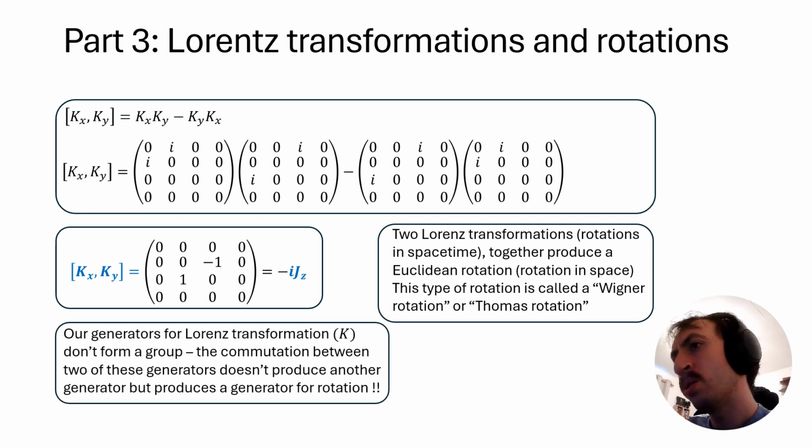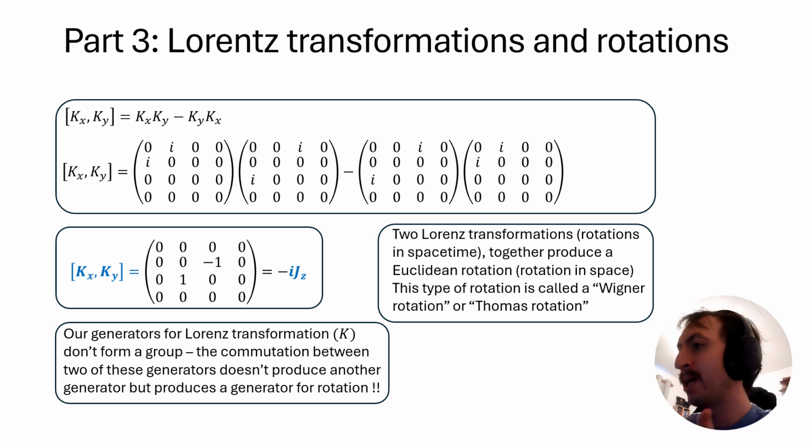And because we have a clear connection now between generators of Lorentz boosts and generators of rotation, not only do we have a physical way of interpreting this in terms of Thomas rotations, there seems a mathematical connection, but the mathematical connection actually prevents the generators of Lorentz boosts forming a group under the operation of the commutator, because when we apply the commutator between two different Lorentz boosts along different spatial axes, we get something that isn't a Lorentz boost.